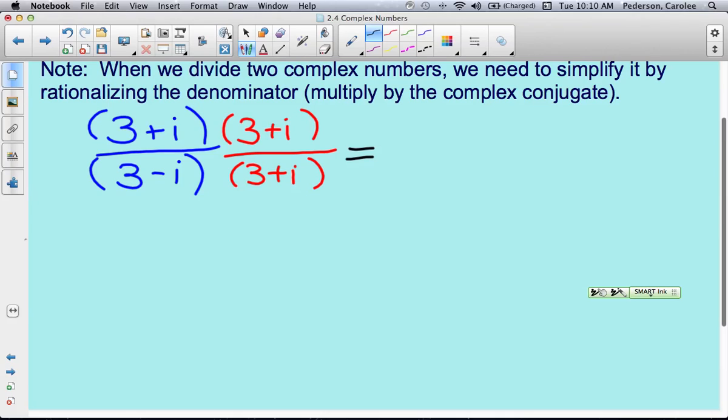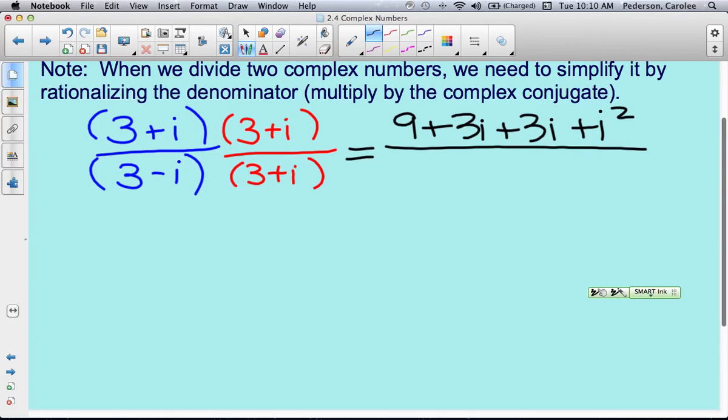All right, let's check. So, FOILing: 9 plus 3i plus 3i plus i squared. Then the denominator. Do I need the middle terms in the denominator? No, we already talked about those cancel out. So 9 and negative i squared.